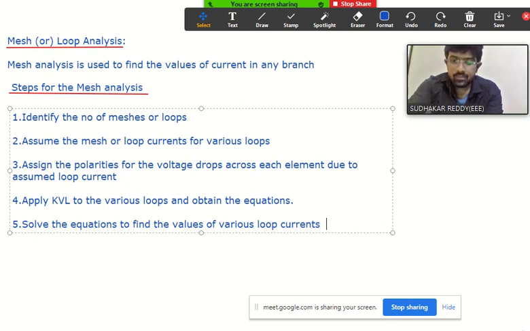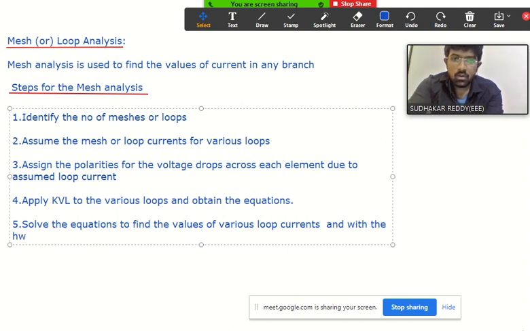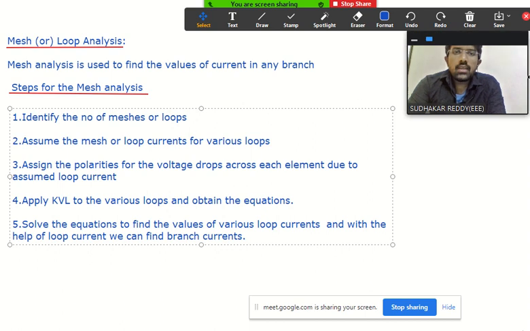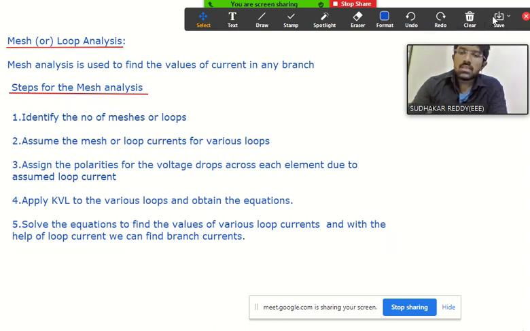With the help of loop currents, we can find what? Branch currents, right? Yes or no? Once you find out the loop currents, with the help of loop currents we can find the branch currents.